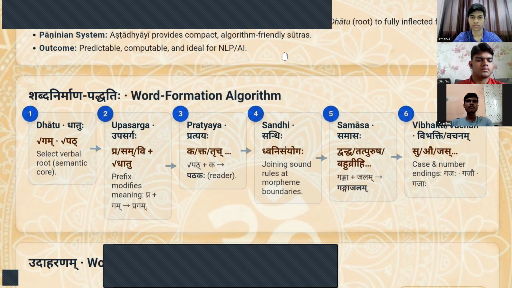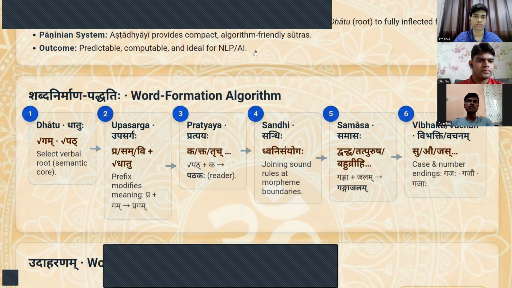For example, if we add the prefix pra to the word gama, then it will give pragama, which means to proceed or to advance. Similarly, if we add the prefix sama, then the word will give sangama, which means to come together or to unite.